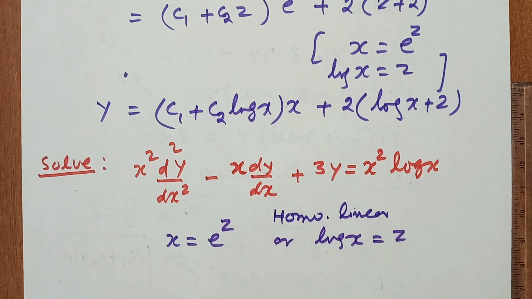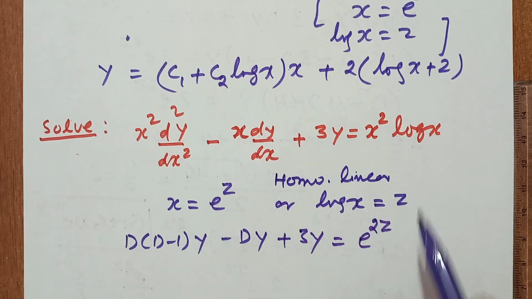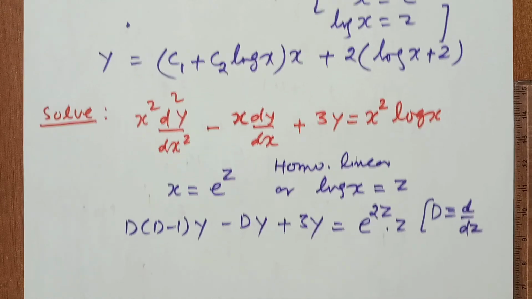In this case we have x² d²y/dx² = D(D − 1)y and x dy/dx = Dy, plus 3y, with x = e^z, so x² = e^(2z), and log x = z, where D is nothing but d/dz. Now this is [D² − D − 2D + 3]y = z e^(2z).